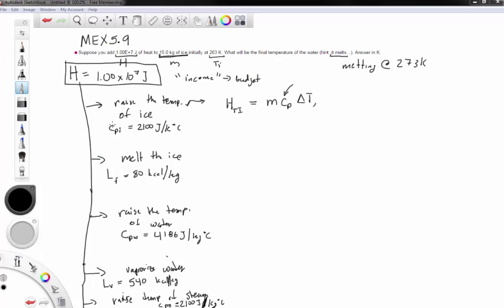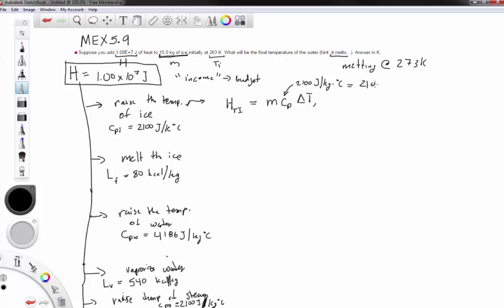Alright, so here I've written it down. I'm using CPI for ice, CPW for water, CPS for steam. So in this case it's 2100 joules per kilogram degree C. That's the same as joules per kilogram Kelvin, by the way.